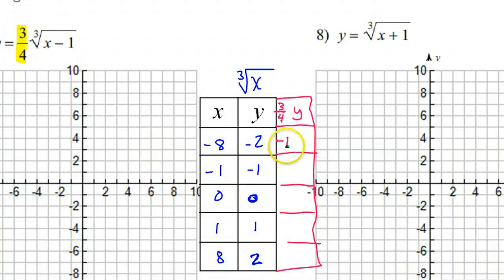So we've got -1.5. And of course, 3/4 of -1 is just -3/4. So that's -0.75. And then 3/4 of 0 is 0. And then I will have positive 0.75. And positive 1.5.